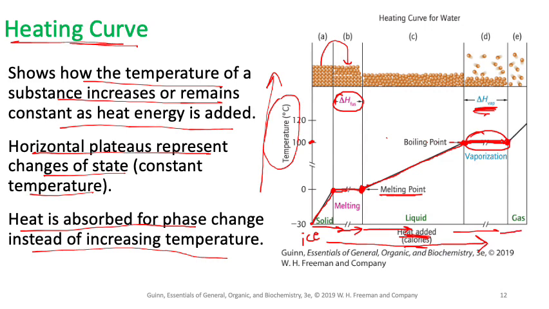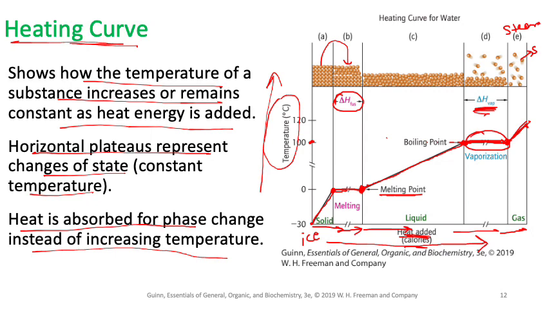And if I provide more heat, then the temperature of the steam, this gas phase which we also call steam, increases. If we add more heat, that means you are increasing the temperature of the steam. That's why a burn from steam is much more severe than from boiling water, because steam has more energy, and it has a higher temperature compared to boiling water, right?